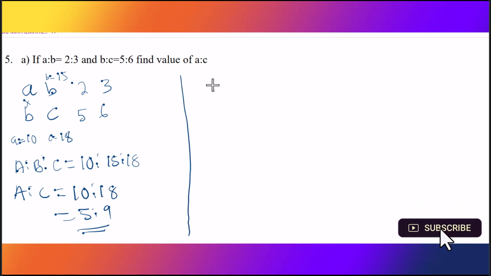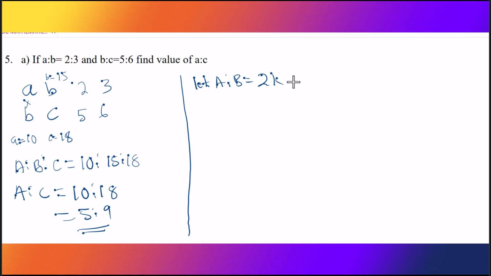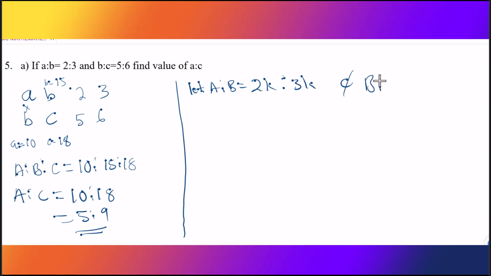Let us try to solve by another way. Let A to B be 2K to 3K, and B to C be 5M to 6M. What is common is B, which has values 3 and 5.